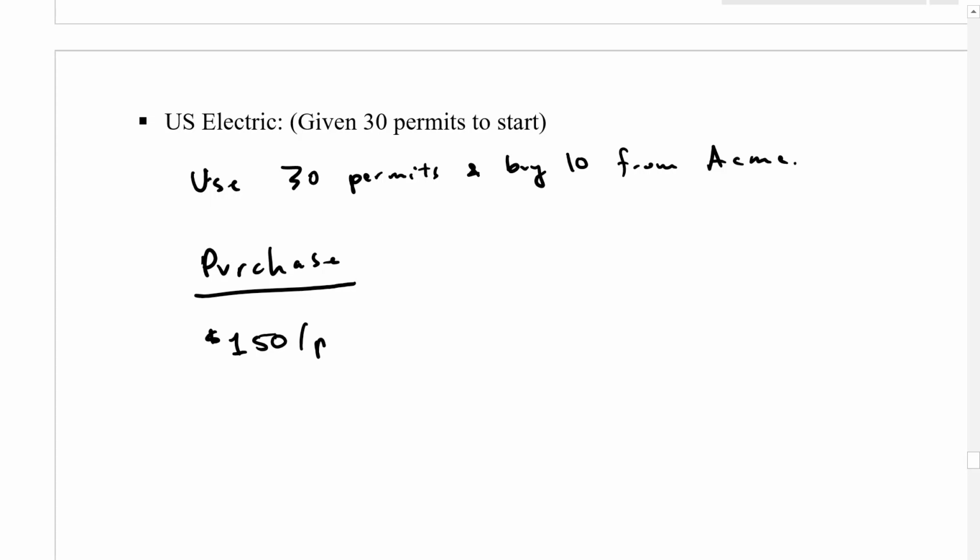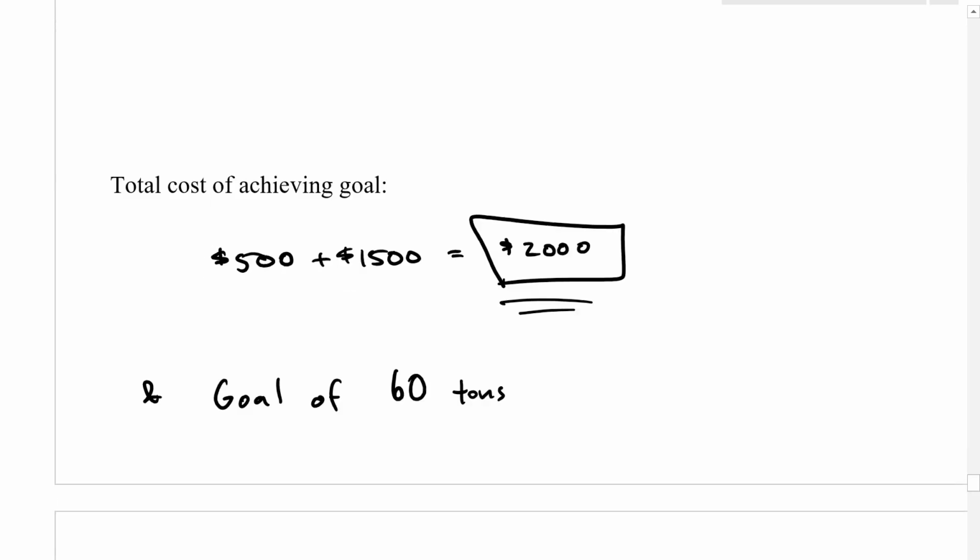And the goal of 60 tons of pollution is met. 20 tons from Acme and 40 tons from US Electric. So we met our goal, and the cost was $2,000.